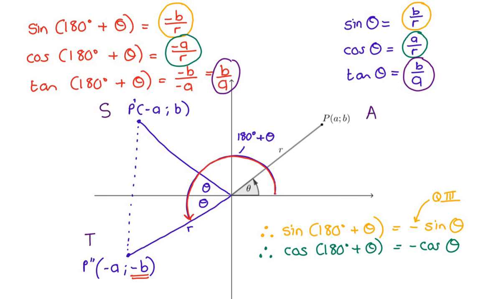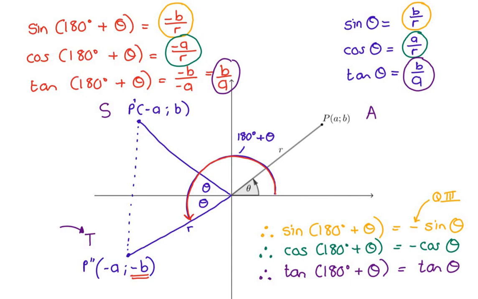So in quadrant 3, what do you know? Tan is positive. So our last conclusion is that tan 180 degrees plus theta is exactly the same as tan theta. So absolutely no worries about signs there because we're in the third quadrant, and so the positive cousin is there for tan. So those are our conclusions.